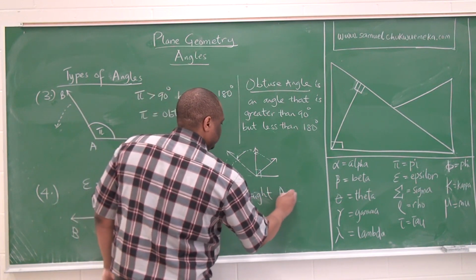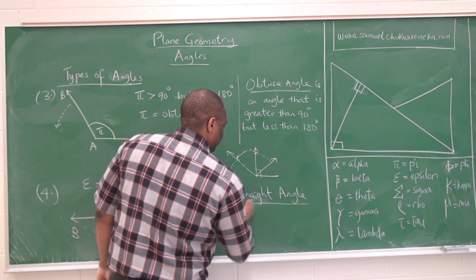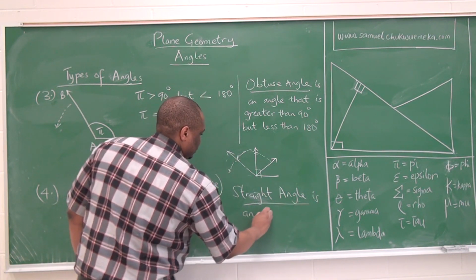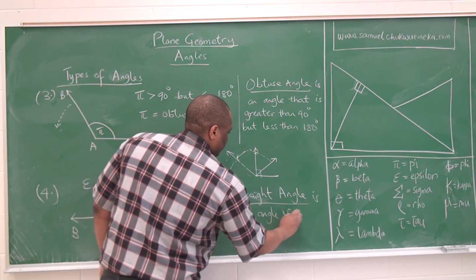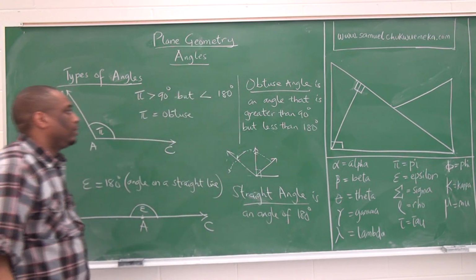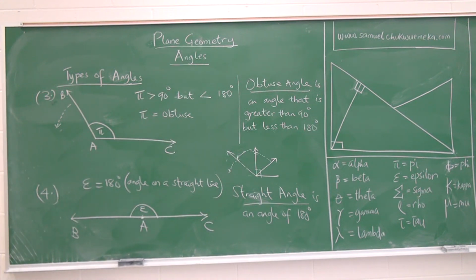A straight angle is an angle of 180 degrees. Now I'm just using these Greek letters randomly.